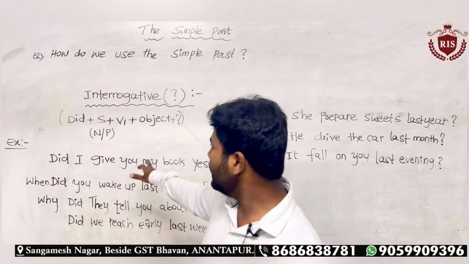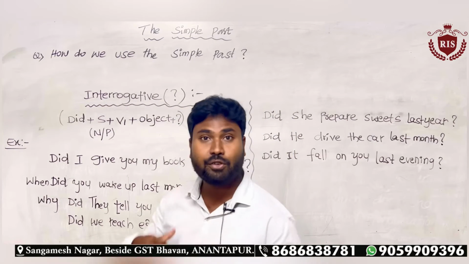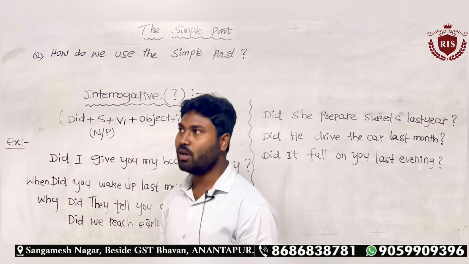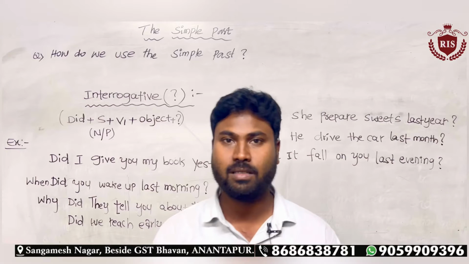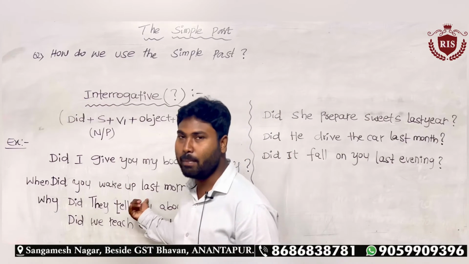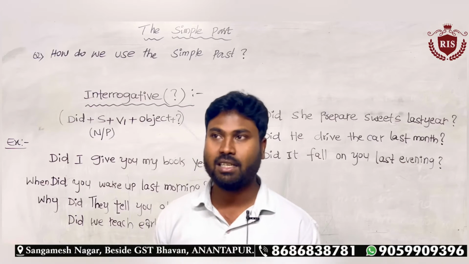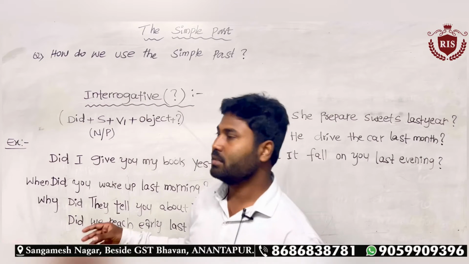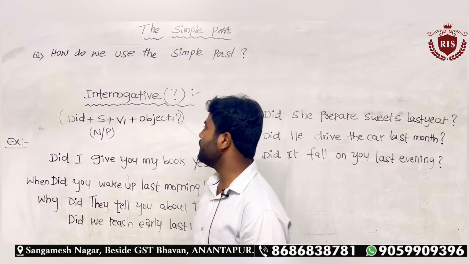Let us once again look at the formula clearly. As I have told you, the questions always start with auxiliary verbs. Even in this simple past we have the auxiliary did as a helping verb. Now let us start the question with did.